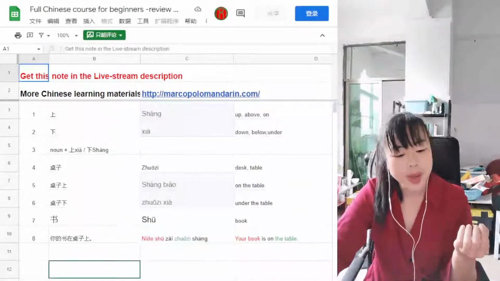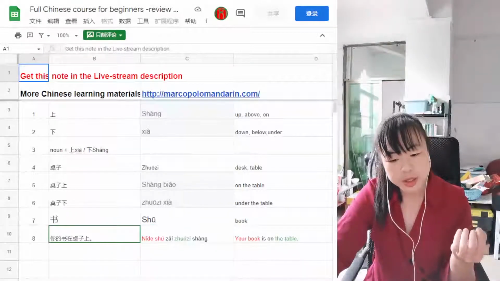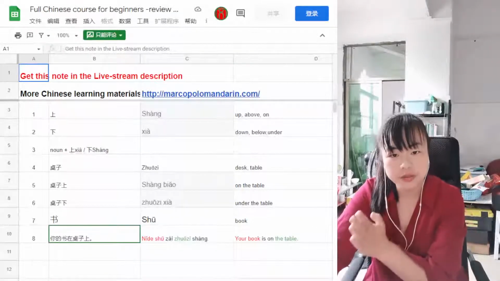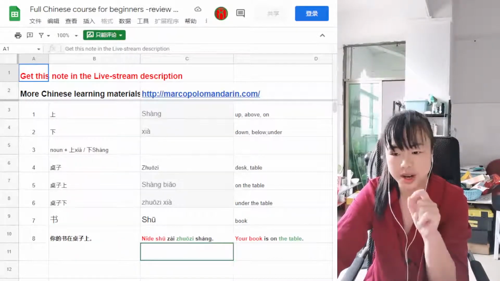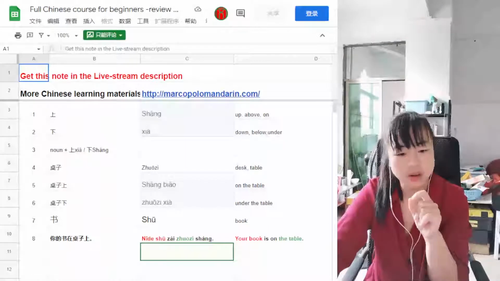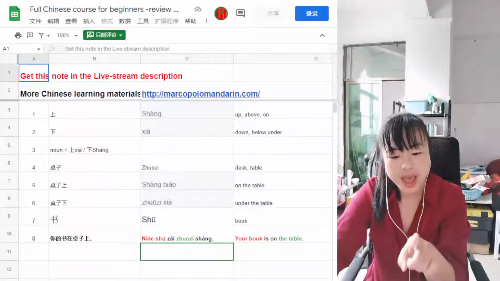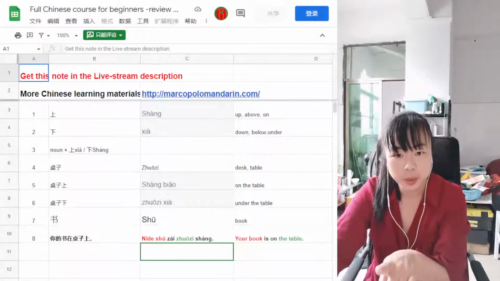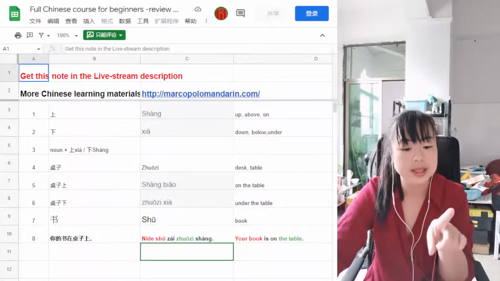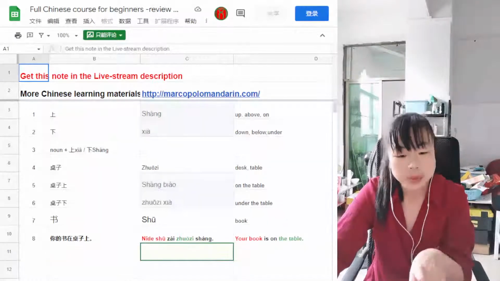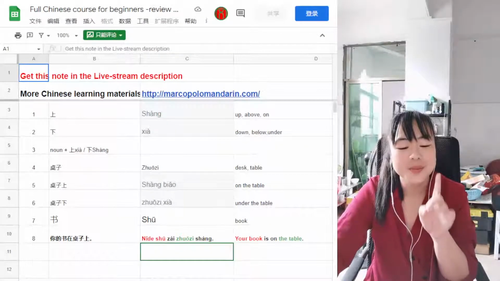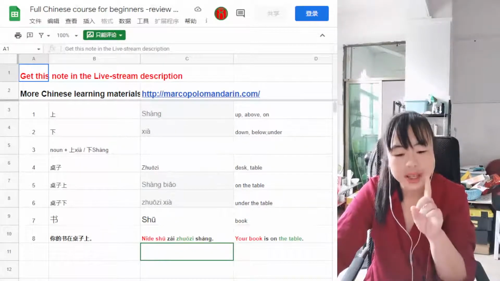Now we pay attention to the order of these colors. We have 3 colors in this sentence, right? In English it is red, black, green, but in Chinese it's red, black, green, and then black again.